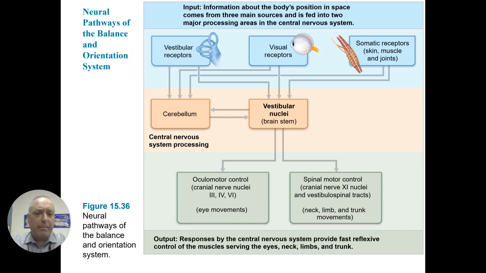And these somatic receptors might be proprioceptors or nociceptors, but they signal to both the cerebellum and the brainstem, and then the brainstem throws the neurons into the cortex, into the thalamus, where it is relayed. There are a number of muscles in the eyes, the neck, the limbs, and the trunk that are activated by this output of the vestibular nerve.